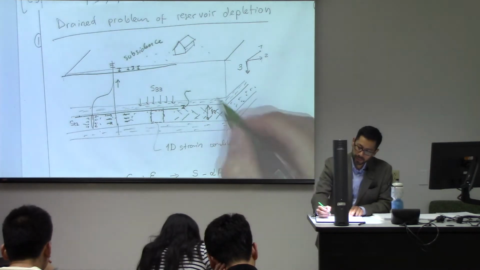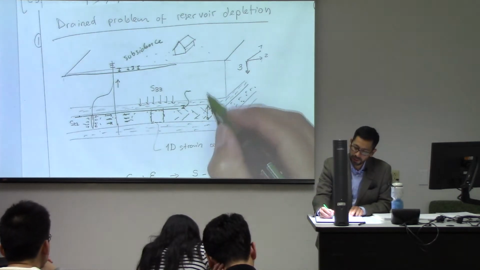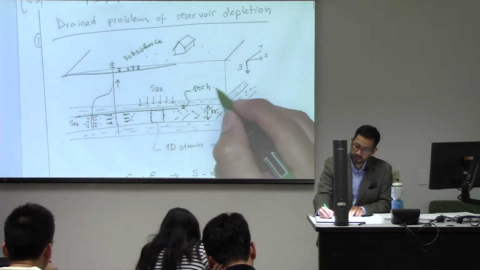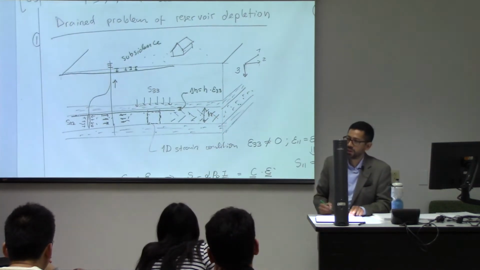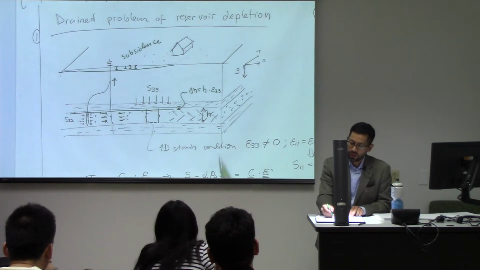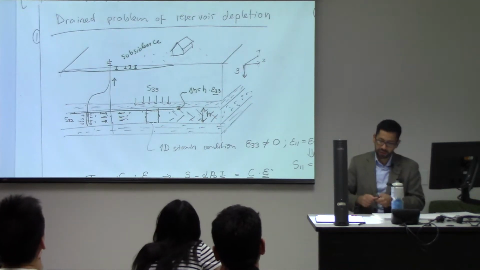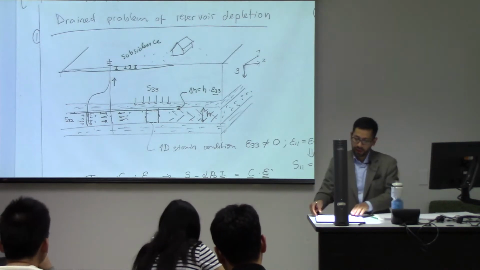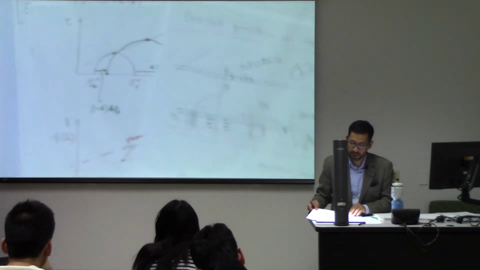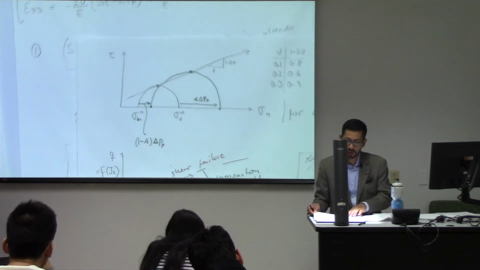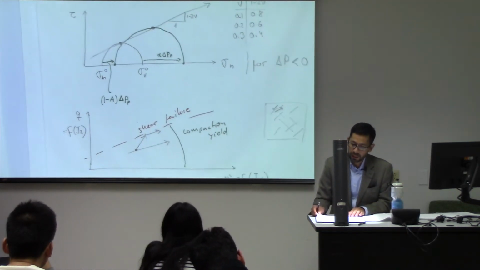Okay? So, simply, that delta H is just going to be the height of the reservoir times epsilon 33. So we'd like to compute what epsilon 33 is. And for that, it's not too complicated, okay? But I'd like to spend time on some other things.